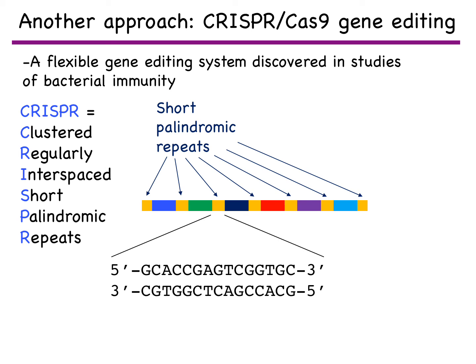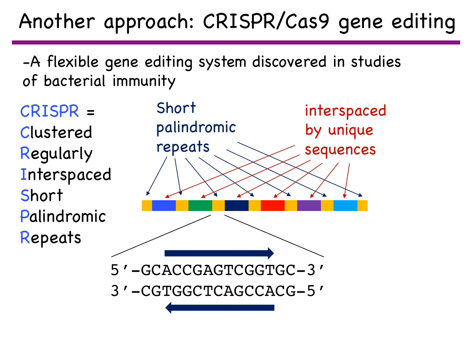For example, if you read the top strand in a 5' to 3' direction, it goes G, C, A, C, C. And if you read the bottom strand in a 5' to 3' direction, it also reads G, C, A, C, C, right? So these are known as palindromic sequences because they read the same way 5' to 3' on the top strand as they do on the bottom strand. There are a number of these palindromic repeats. They're the same sequence repeated, but they're interspersed by unique sequences.